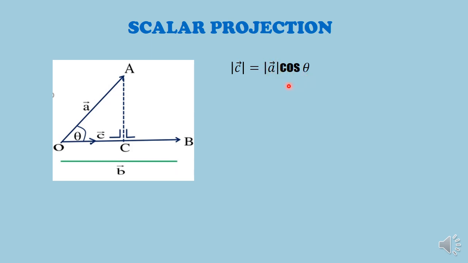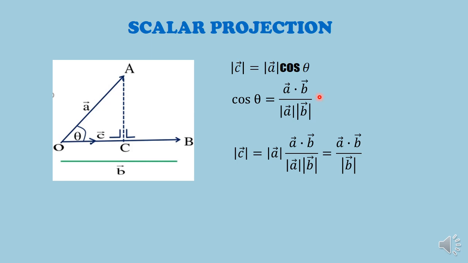Now, from the previous lesson about the angle between two vectors, we have this formula: cosine theta is equal to A dot B divided by the length of A times the length of B. So if I substitute the cosine theta in this formula, we have this.